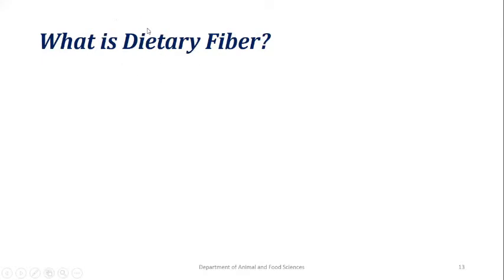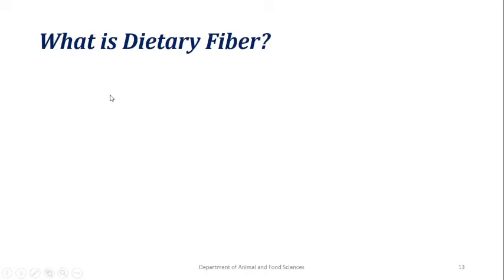Okay, in this content, under the category of dietary fiber, it contains many different kinds of molecules such as cellulose, hemicellulose, pectin, lignin, persistent starch, beta glucans, inulin, and some oligosaccharides. Okay, as well as some waxes and gums also.